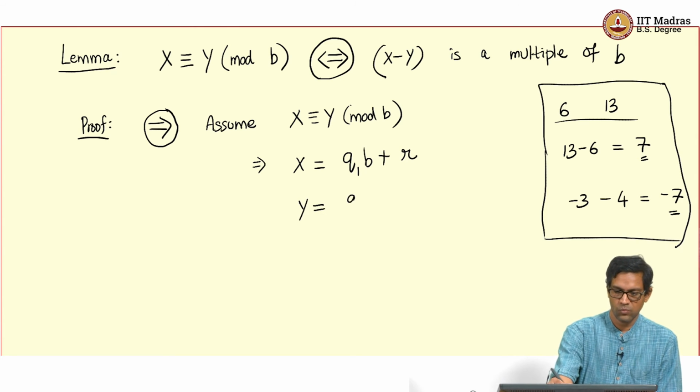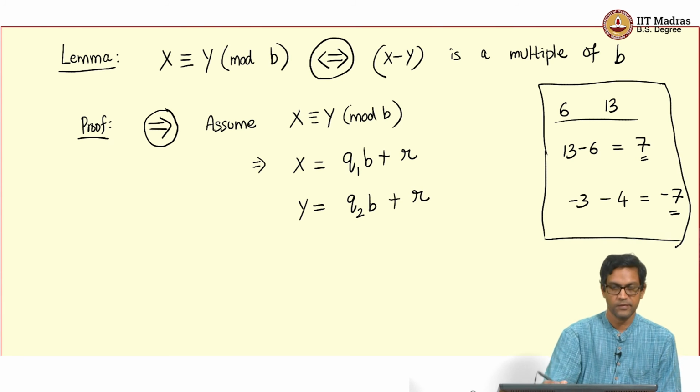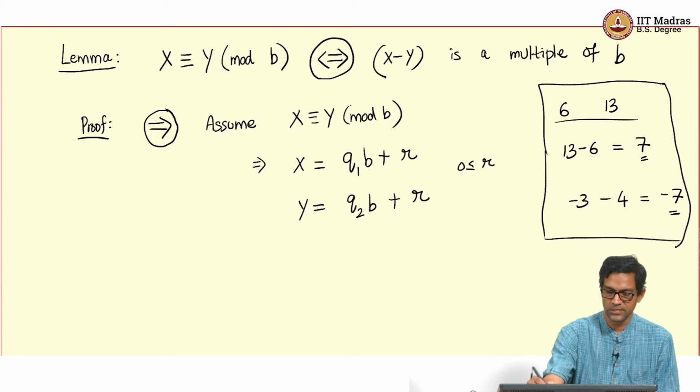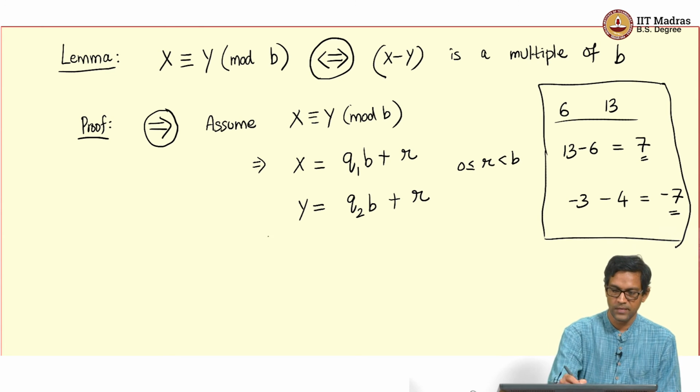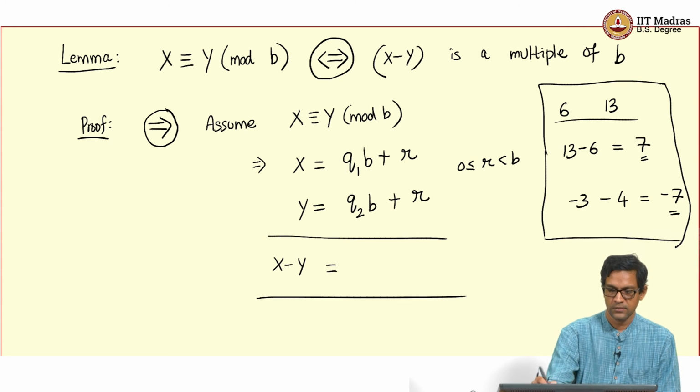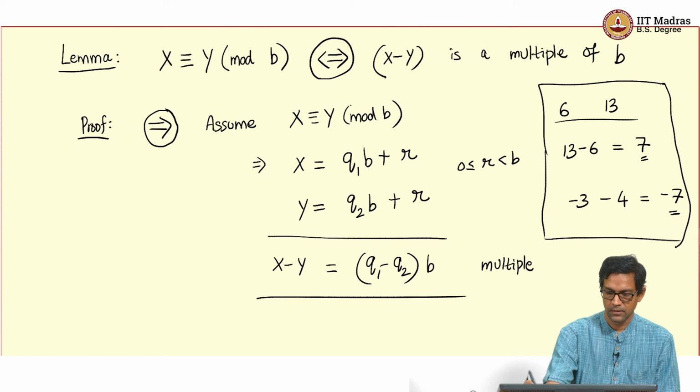We do that with y, you get some other quotient possibly, but the same remainder. Okay. So, the remainder r is the same in both cases, some number between 0 and b, and so when you subtract x minus y, the r's cancel and you just get q1 minus q2 times b, which is of course a multiple of b. Okay. So, this is the proof of the forward direction.